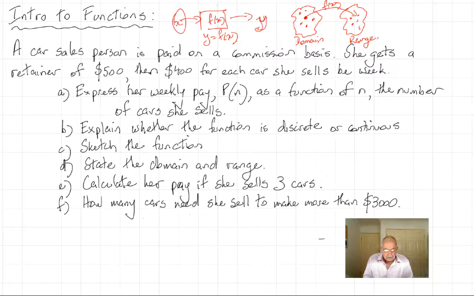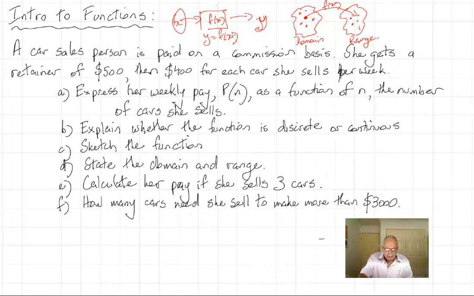A salesperson is paid on a commission basis. She gets a retainer of $500, then $400 for each car she sells per week. Express her weekly pay, P of n, in dollars. Now we said that you can use any letter for a function.